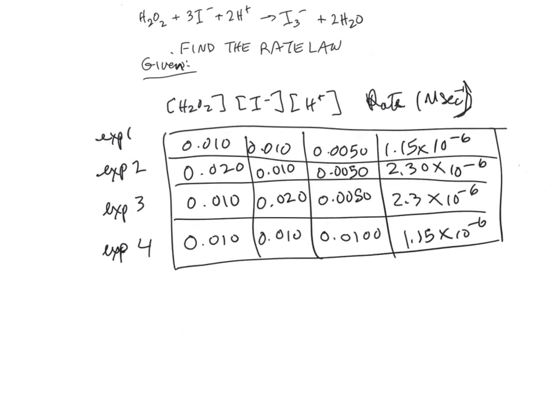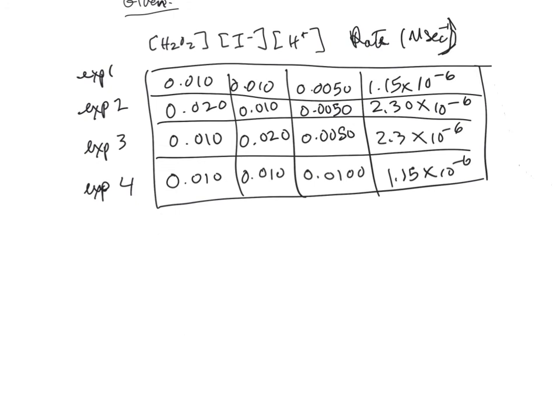Now we are going to take the shortcut method and figure out the relationship for m, n, and p. So we're going to compare experiments 2 and 1. We are going to look at the change in the concentration of the peroxide versus the change in the rate.